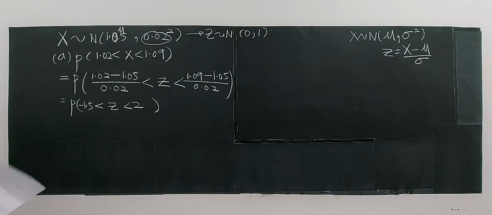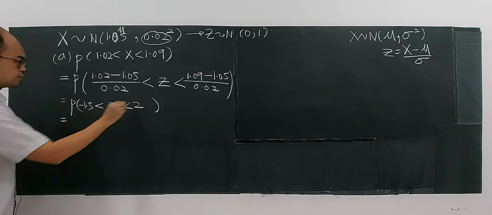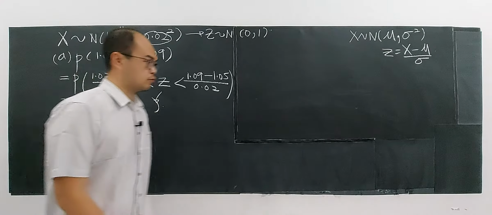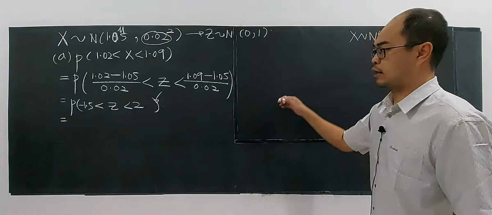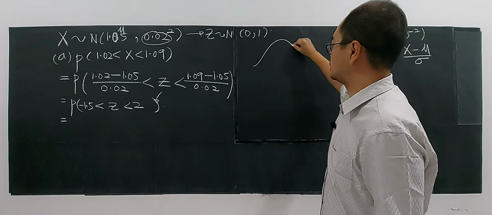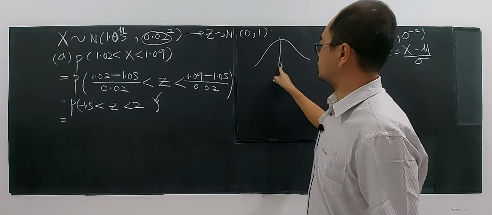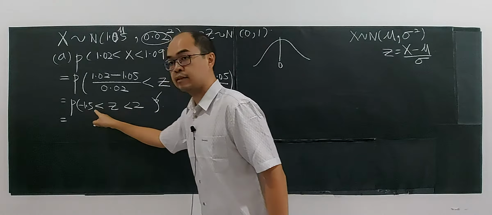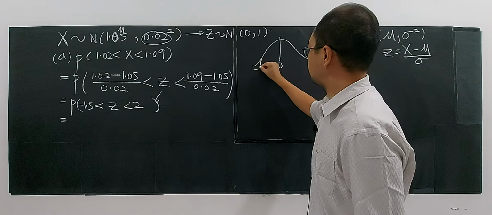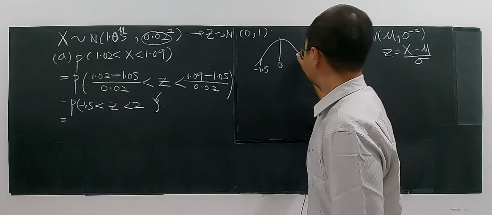Negative 1.5 and 2. In order to evaluate this by using the statistical table for normal distribution, you have to understand, okay, this is just to guide you so that you know that the mean is 0, right? So the value is between negative 1.5 and 2, right?